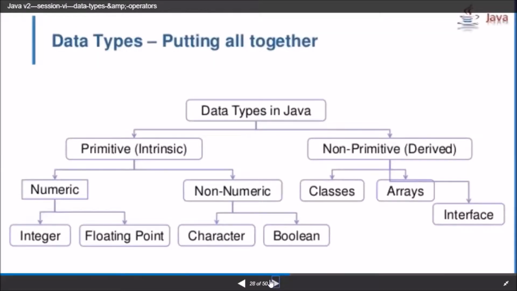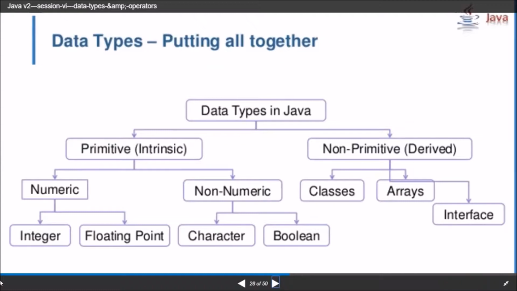Data types in Java are categorized into two main broad categories: primitive data types and non-primitive data types. Primitive data types are something basic or very core.